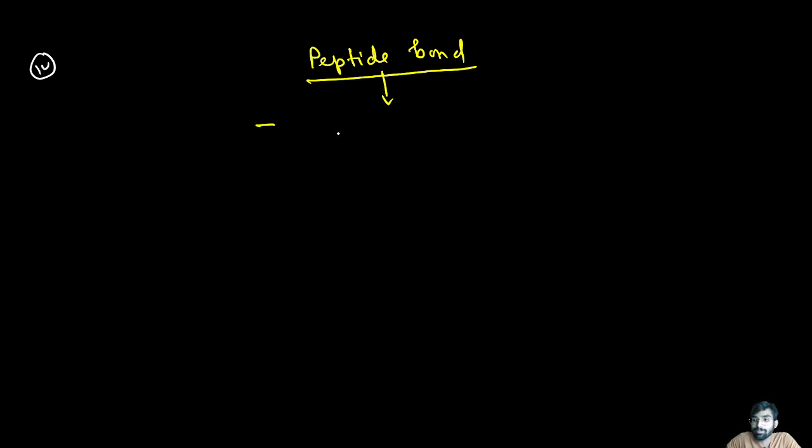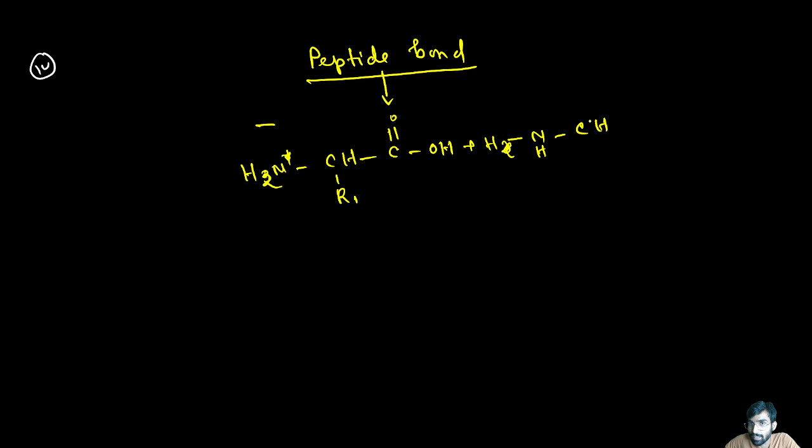H3N positive, CH, R1, C double bond O, so here it is the carboxyl group, and now again there is H2N, let's see it for better understanding, again R2 and then COOH.